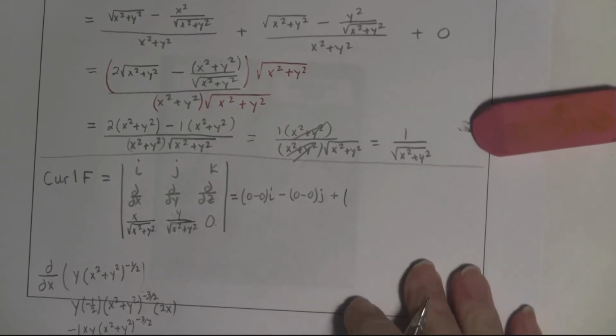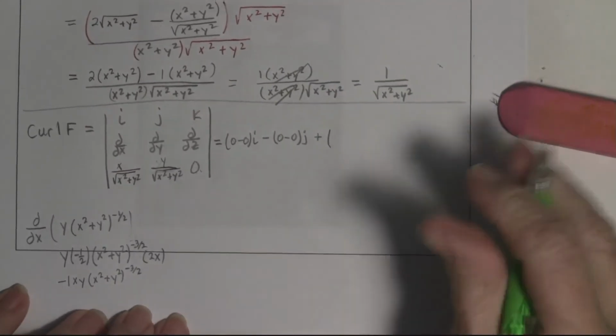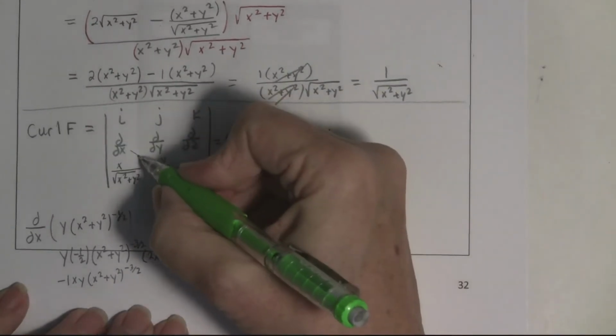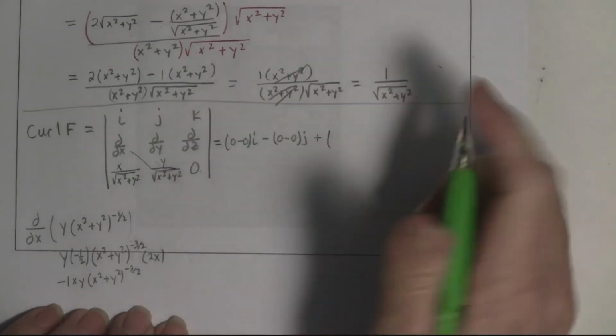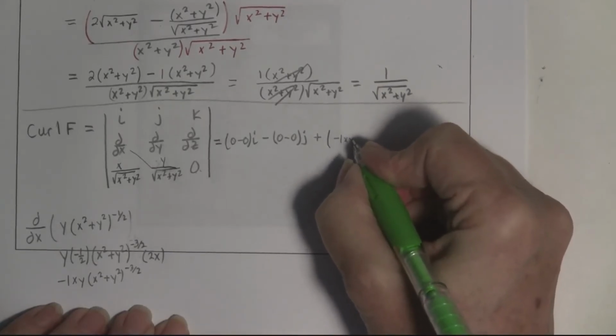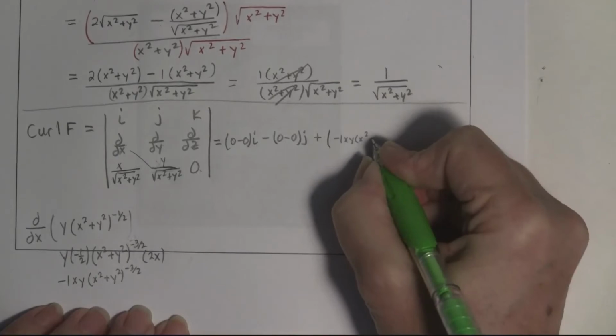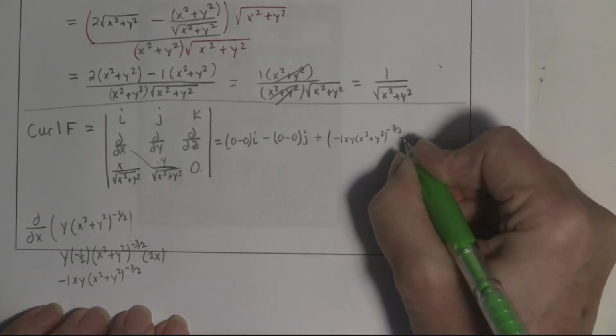That's the first part that's going here, finger over k. And so that's this, negative 1 x, y, x squared plus y squared to the negative 3 halves, minus, and then we're gonna do it again.